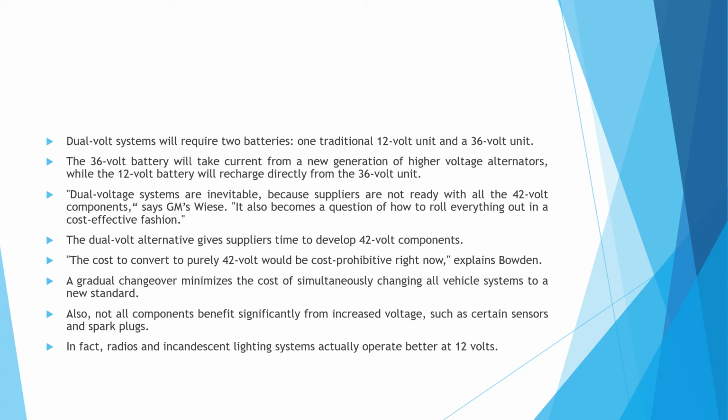Also, not all components benefit significantly from increased voltage, such as certain sensors and the spark plug. In fact, the radio and incandescent lighting system actually operate better at 12 volts.